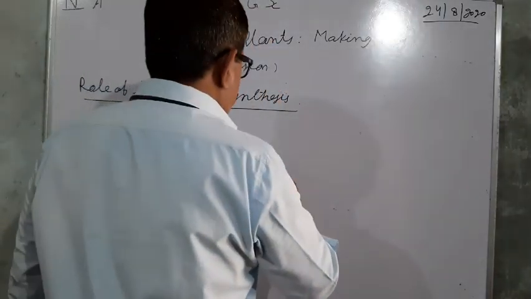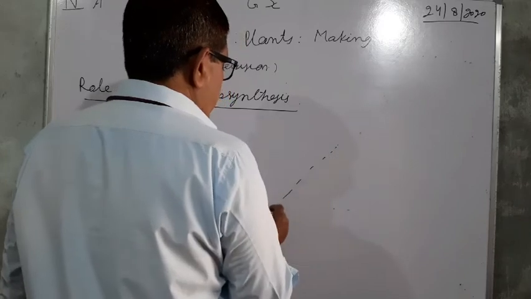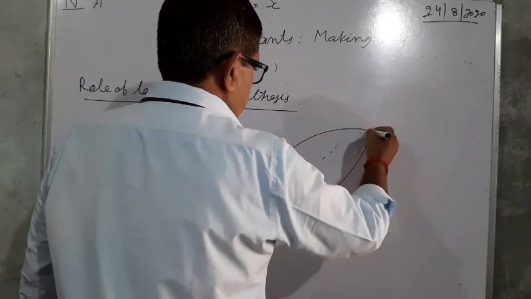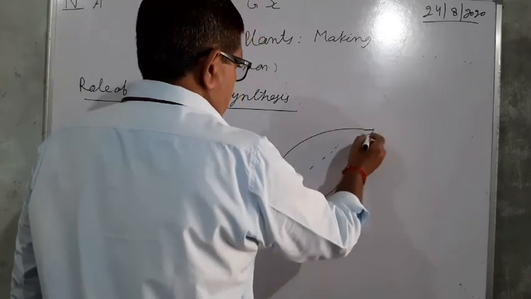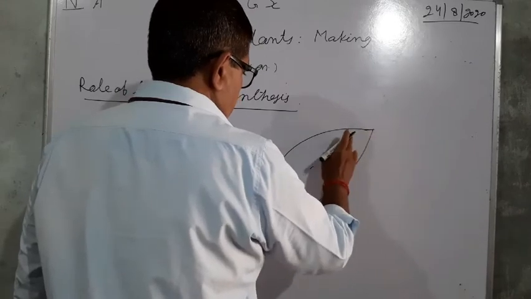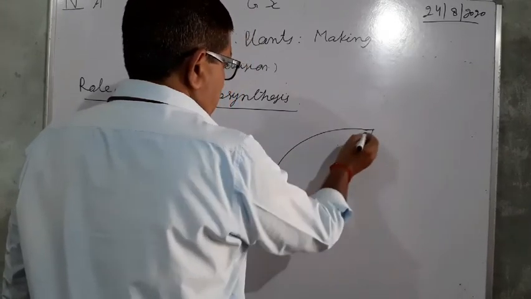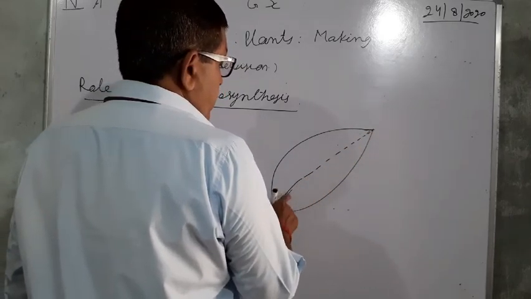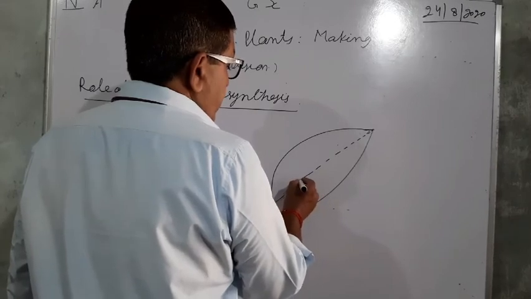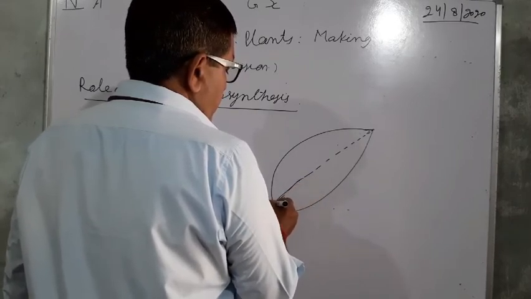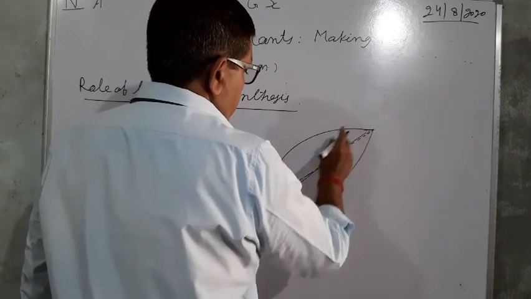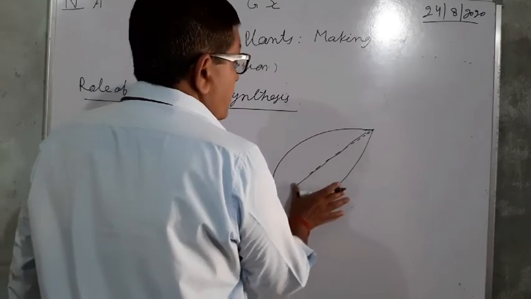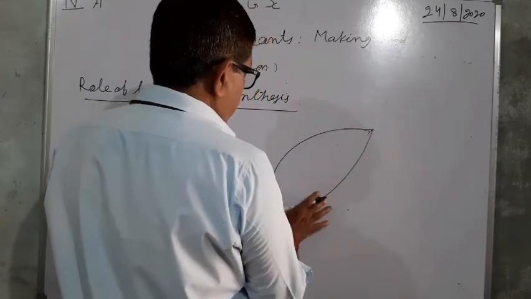So you have studied the structure of the leaves. This is the structure of a leaf. This is called the midrib, which moves from one end of the leaf to the other end.